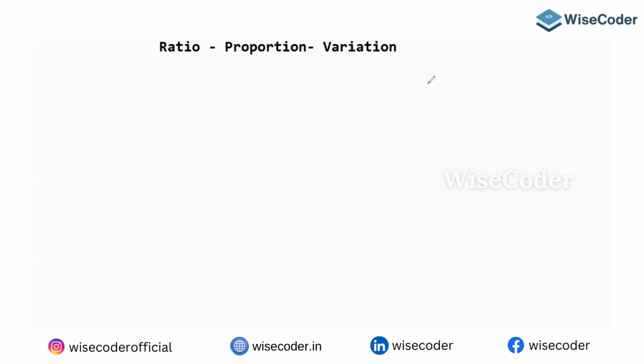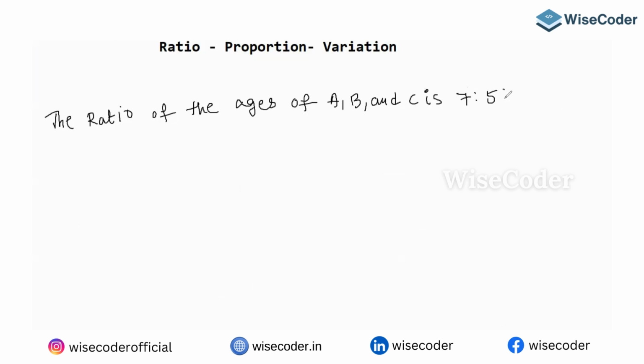Okay, let's go to the next question. The ratio of the ages of A, B and C is 7:5:4.